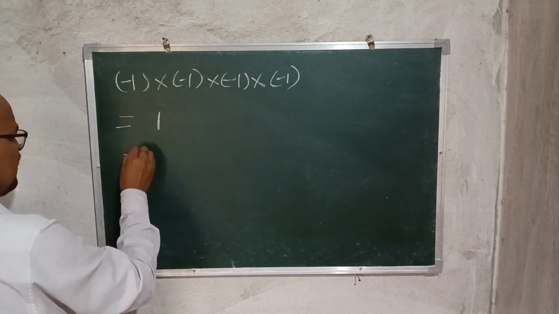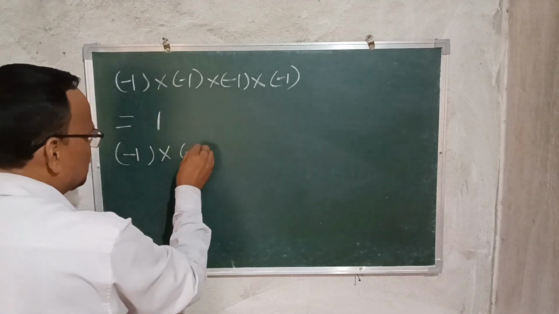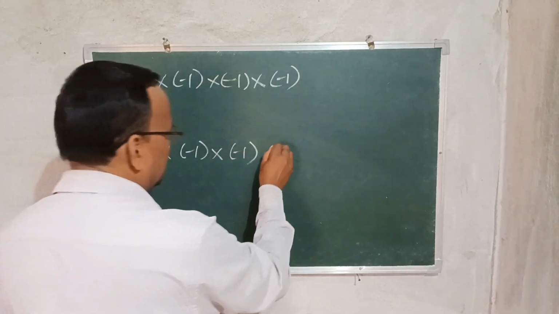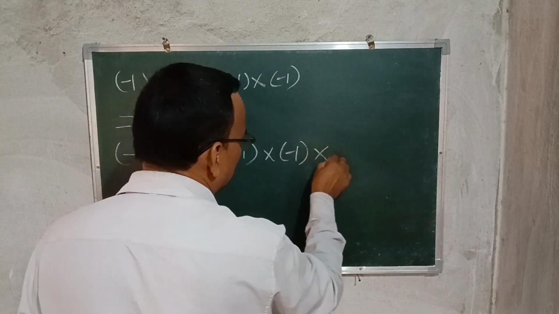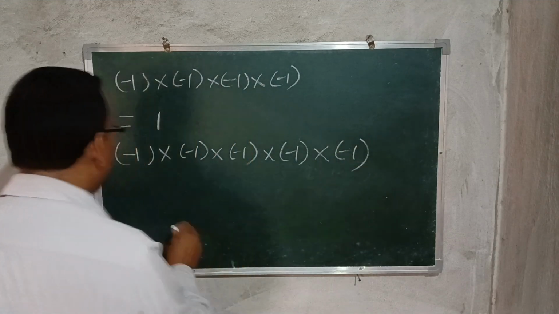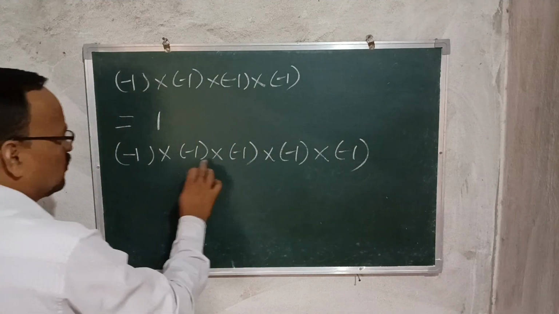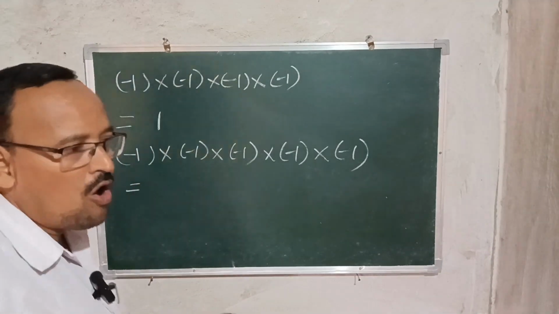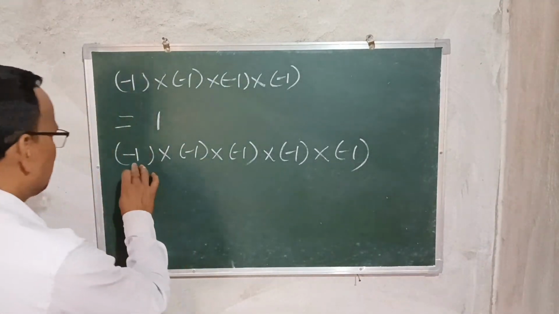If I multiply minus 1 into minus 1 into minus 1 into minus 1 into minus 1, how many minus 1s are multiplied? 1, 2, 3, 4, 5. There are 5 multipliers, and 5 is an odd number. So the result will be minus.